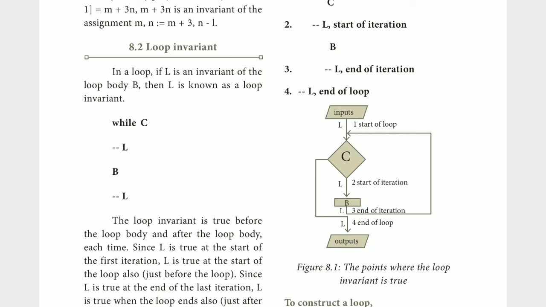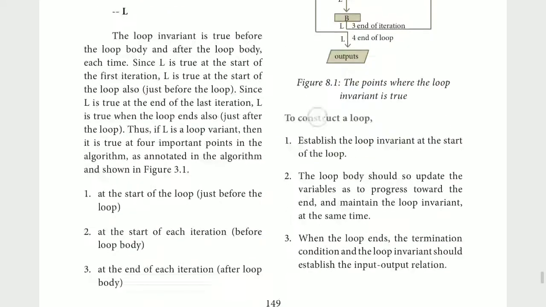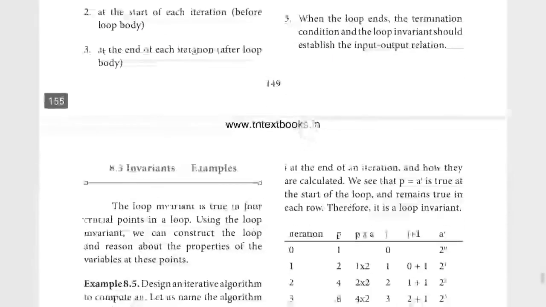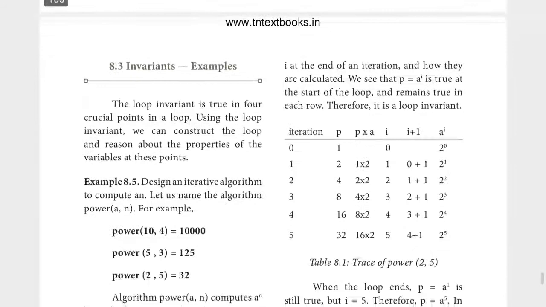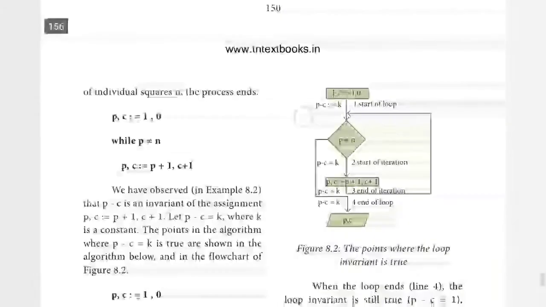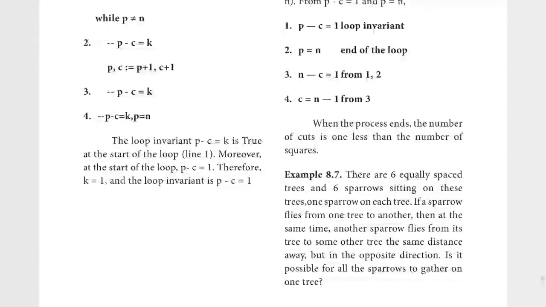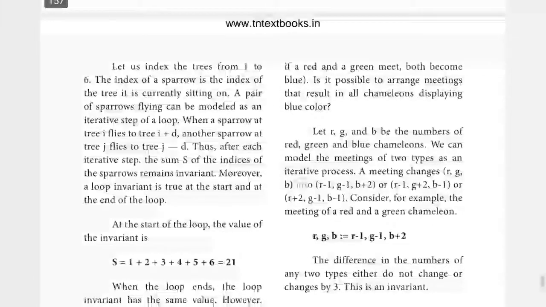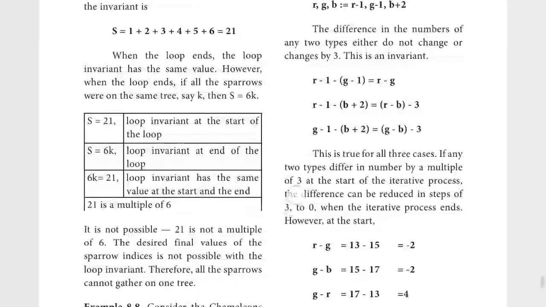You can read this example and get it clarified. This kind of example will be available in this chapter. So you read it, and if you have any doubts you can just contact me.